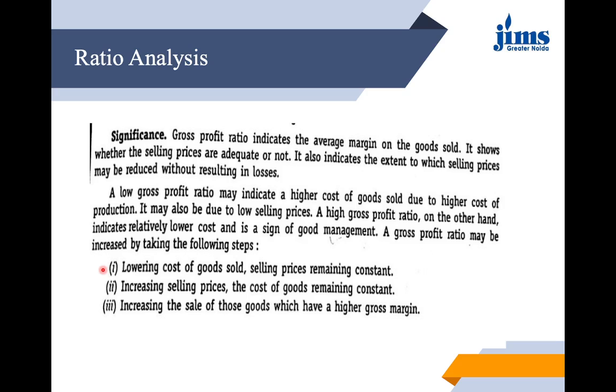So basically we are trying to enhance the gross profit ratio, which can be done by any of these steps, because these enhance the profits. You can lower the cost and keep selling prices constant, or you can increase the selling prices and keep the cost constant, or on the other hand you can increase the sale of those goods which have a higher gross margin.